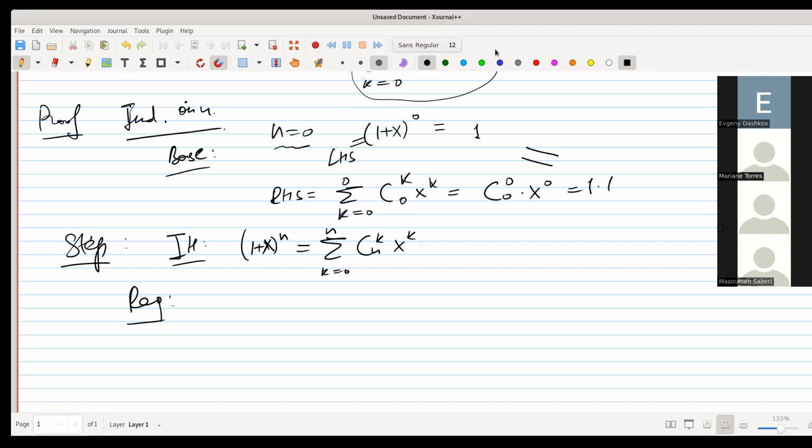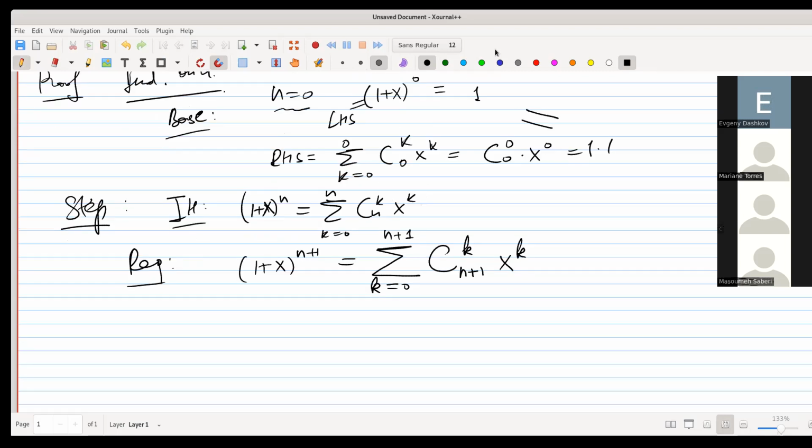We need to prove that (1 plus x) to the power n plus 1 equals a sum where k runs from 0 to n plus 1, and we have n plus 1 choose k multiplied by x to the power k. Okay, let us prove it.